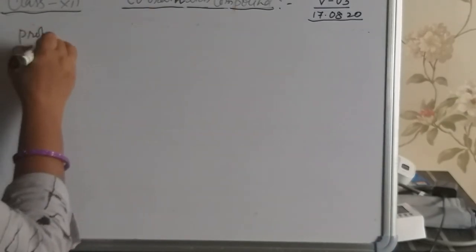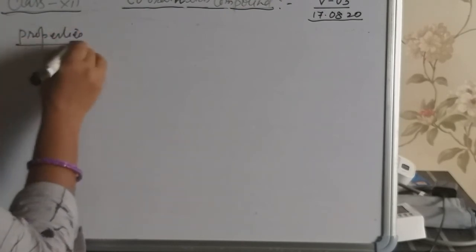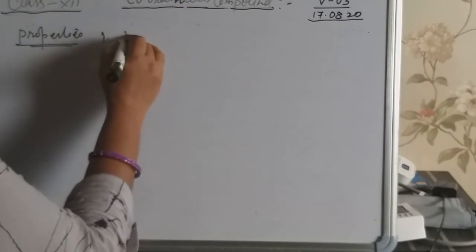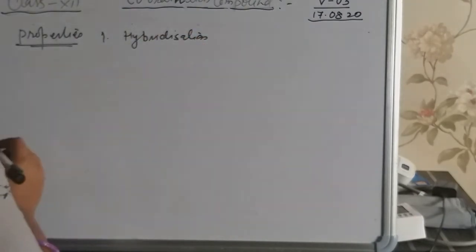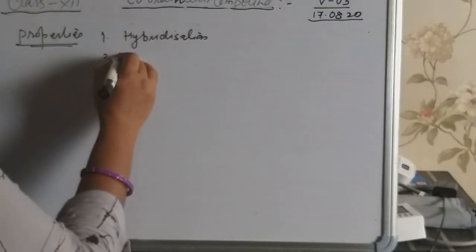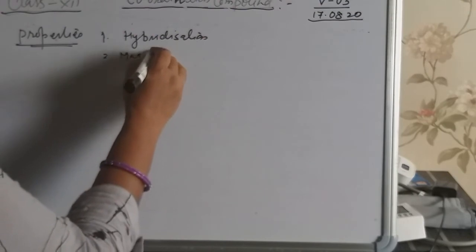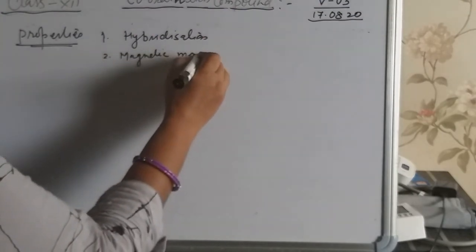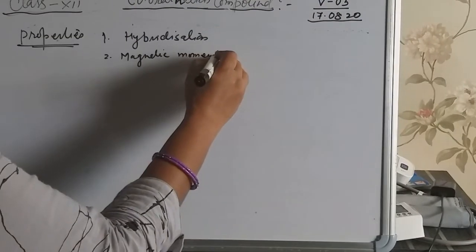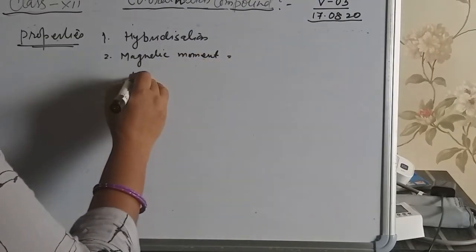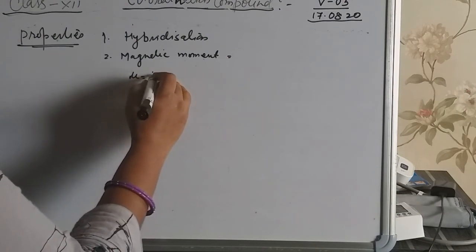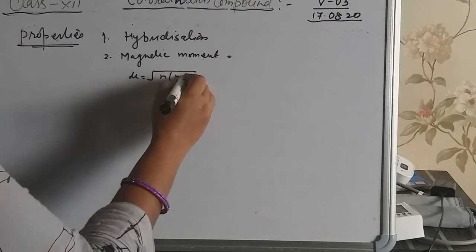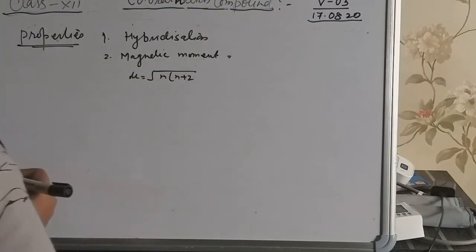Properties. First, it gives an idea about the hybridization. Next, it gives an idea about the magnetic moment of the complex. Means we know the formula of mu equal to root of n(n+2), where n is the number of unpaired electrons.